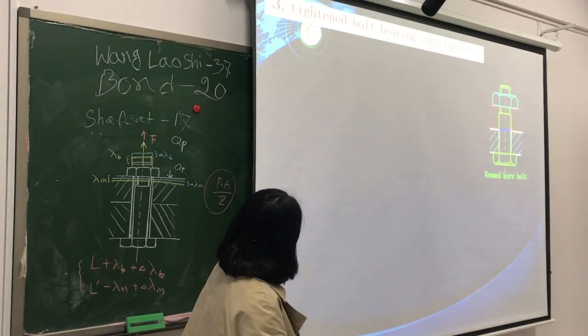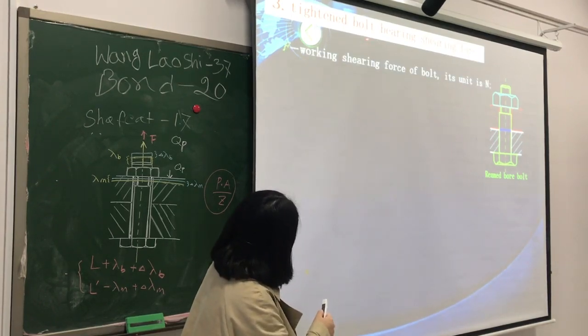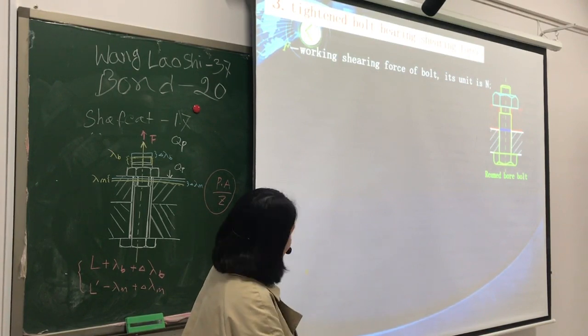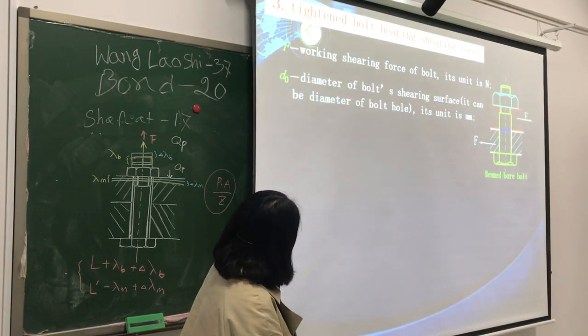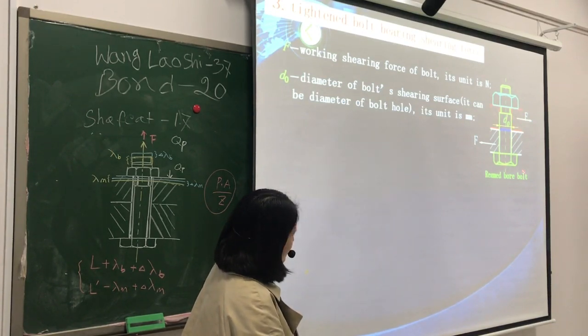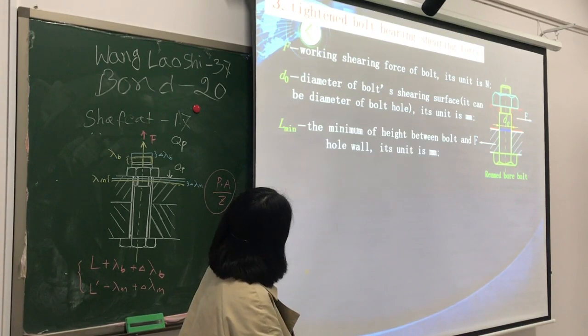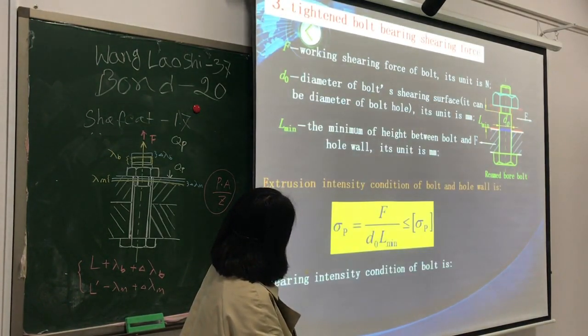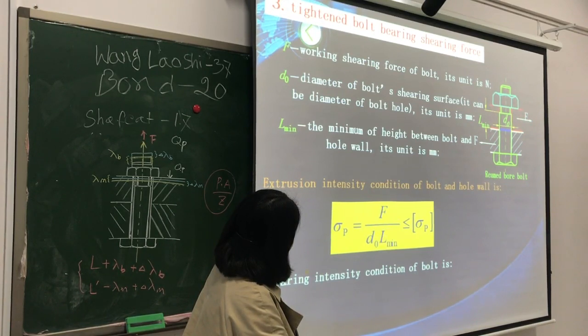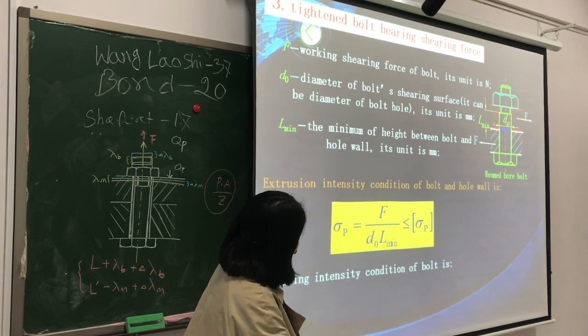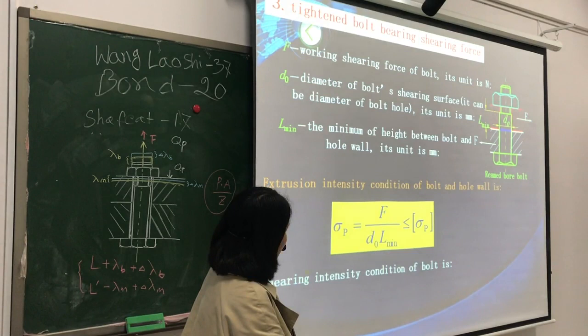Under the condition where the bolt bears a shearing force, we usually use a reamed bolt. We can also calculate the stress sigma P equals F, the shearing force, over d0 times L min, and it should be less than sigma P, the allowable stress.